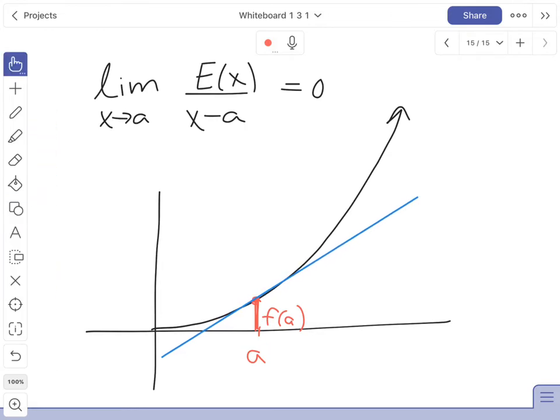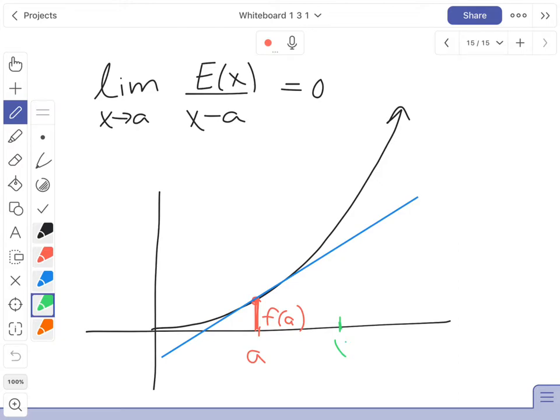Now, we're trying to use the value at the point we know, which is A, to approximate the value at a point that we don't know. Whatever that point is, I'm going to call it x. So this distance is x minus A.